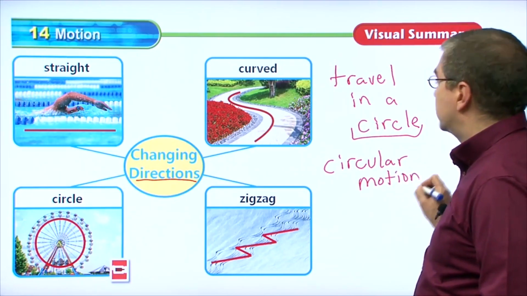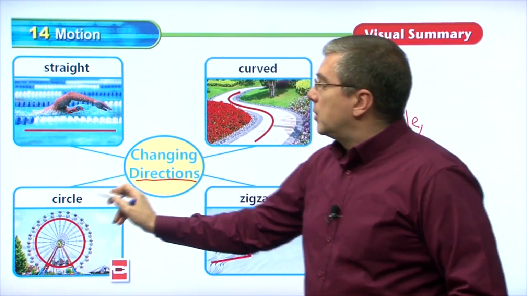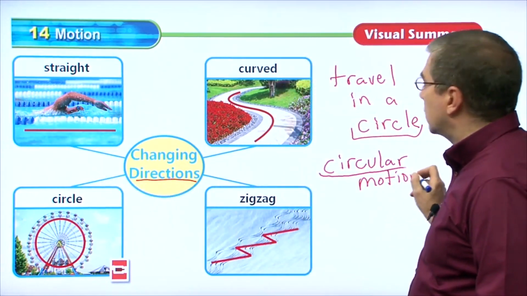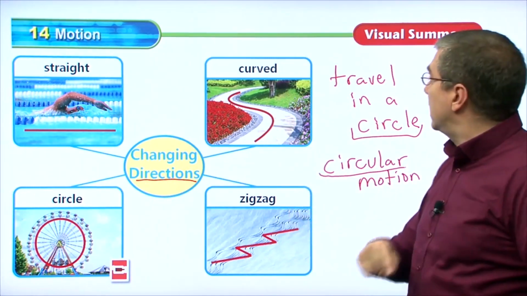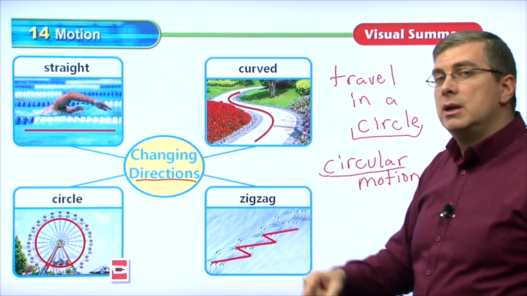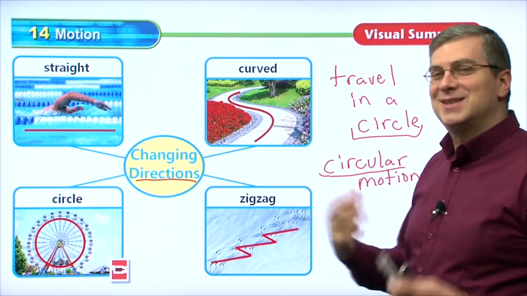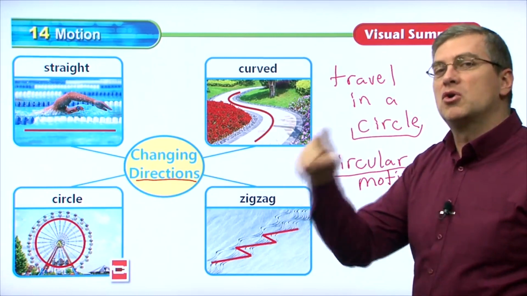So we're putting these two words together. Our idea of motion, circle is a noun, but we change circle to adjective form, and we have circular. Circular motion means to go in a circle or travel in a circle. Let's say it together, circular motion, circular motion.